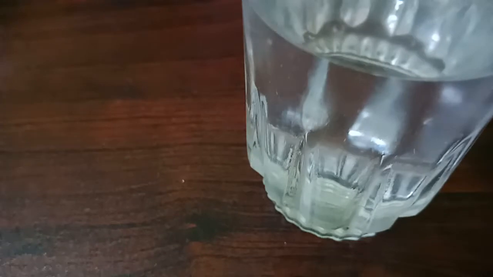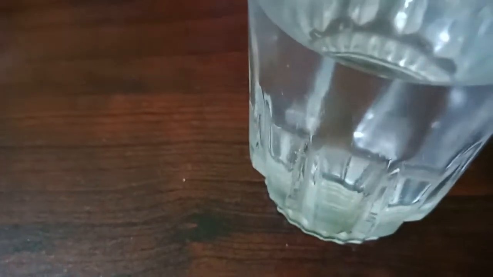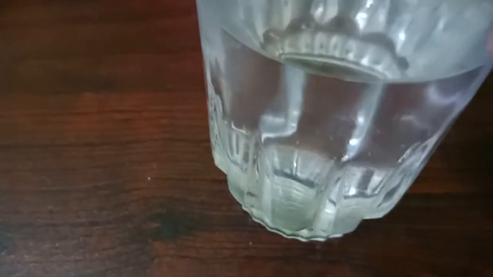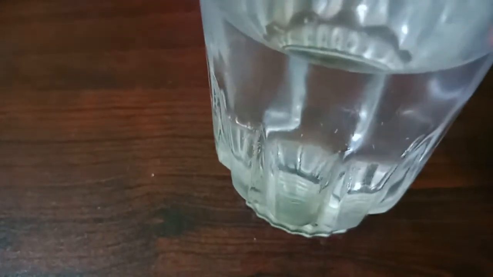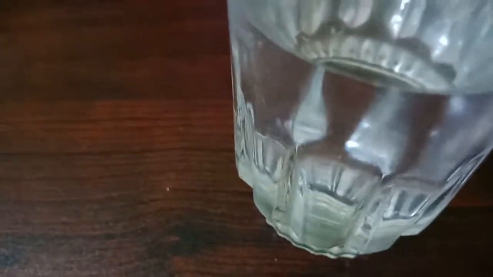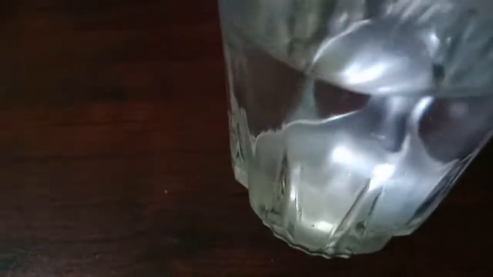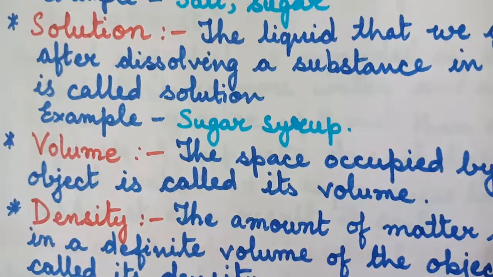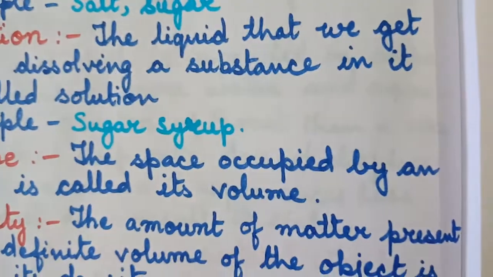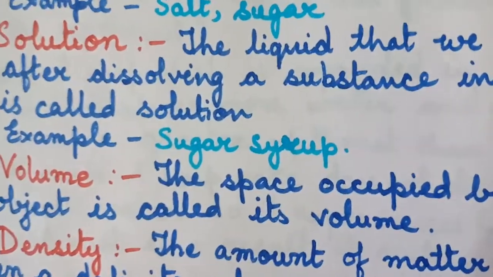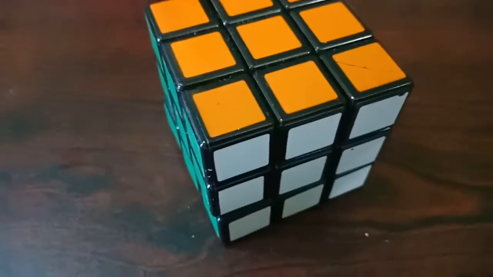The solute dissolved in the solvent. So, it is a solution. Now, this one is the solution. Salt and water solution. Volume. The space occupied by an object is called its volume. So, this is a cube.